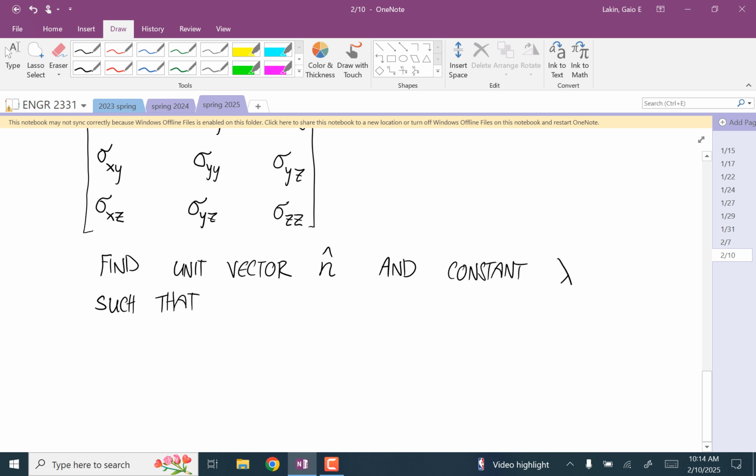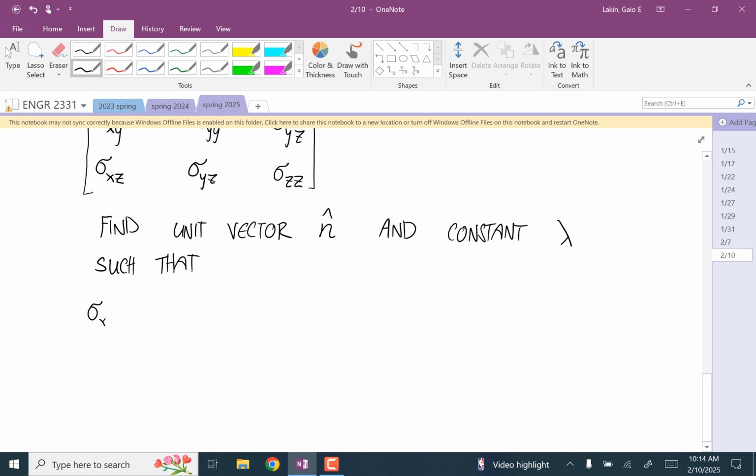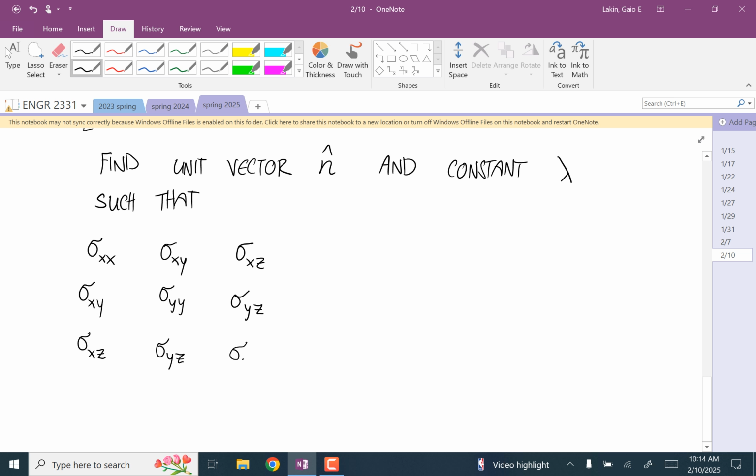that satisfies this equation. So we got our stress tensor again, xx, xy, xz, xy, yy, yz, xz, yz, zz.